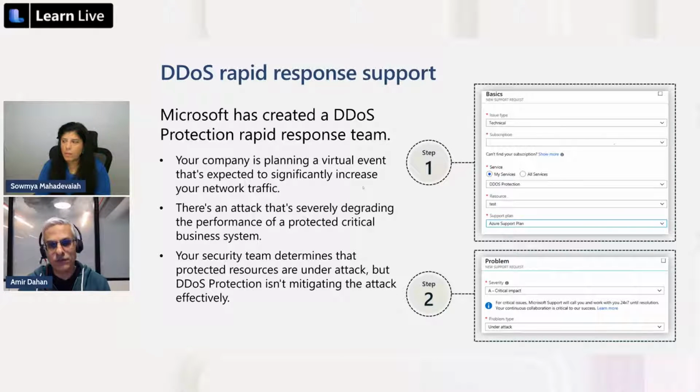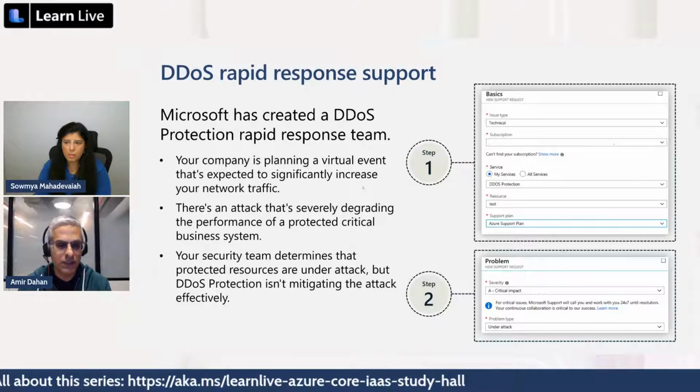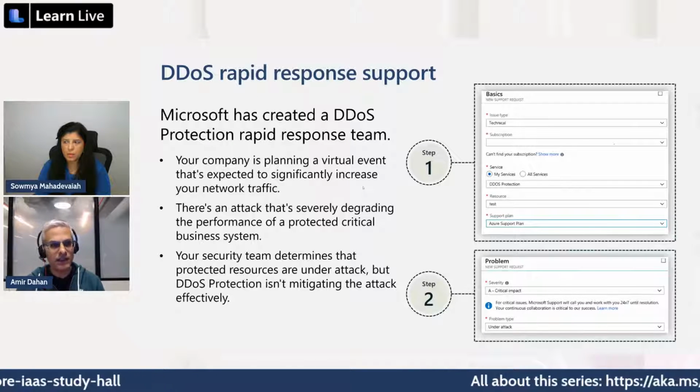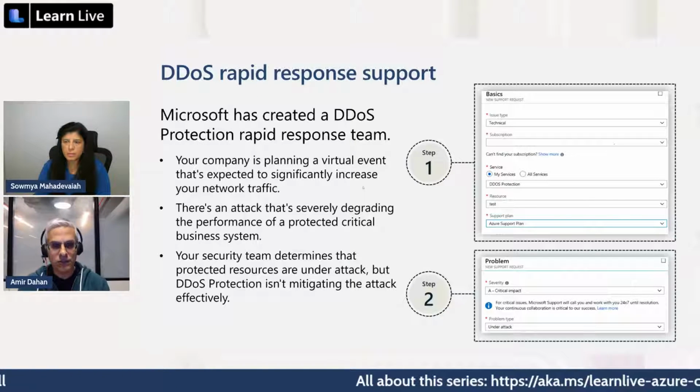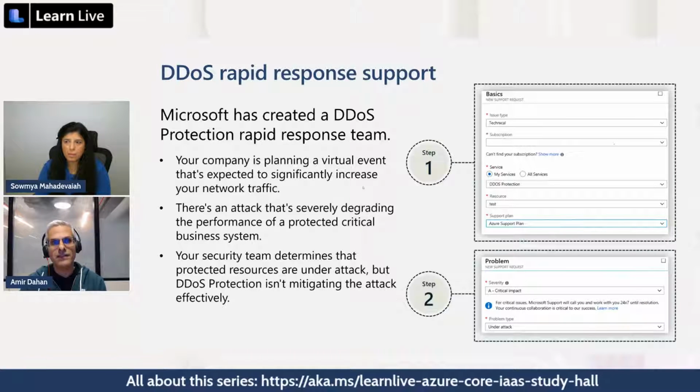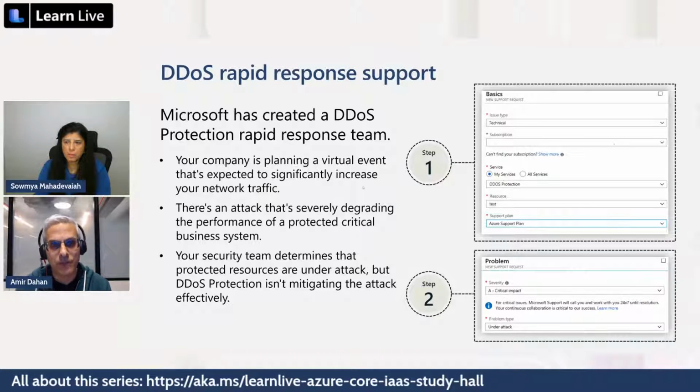When there is a DDoS attack, it is like a red flag. Customers want to make sure that the attack is mitigated immediately. They don't have time to investigate the attack and do fine tuning. They want it to get stopped. And this is the purpose of the DDoS Rapid Response Team.